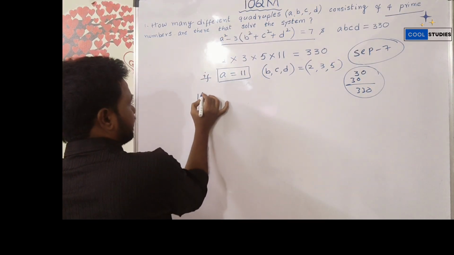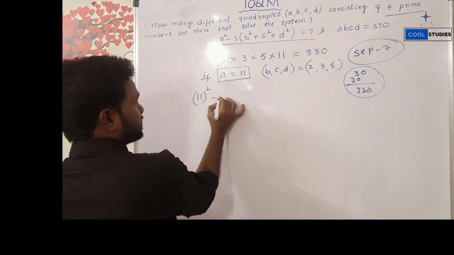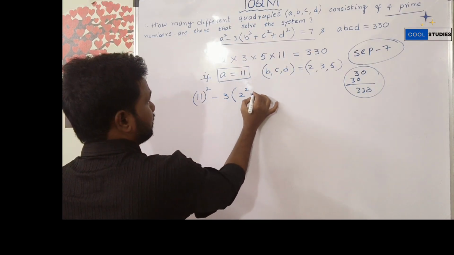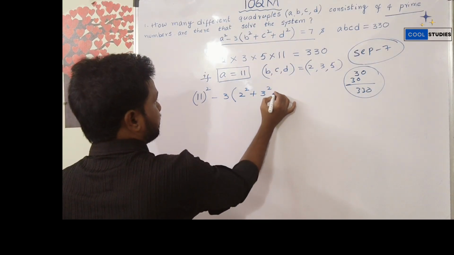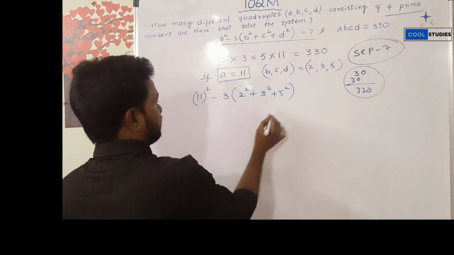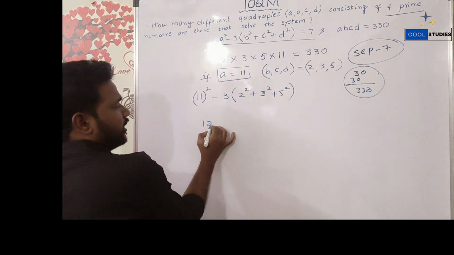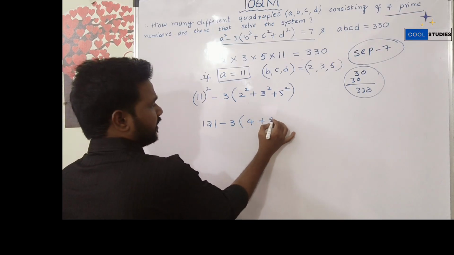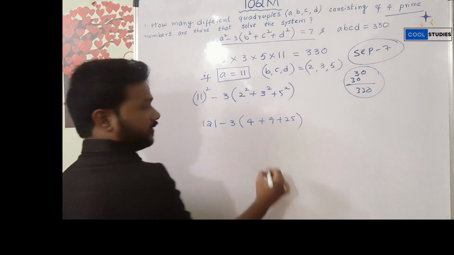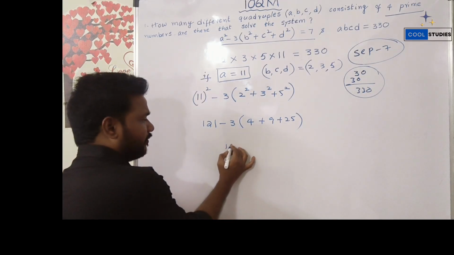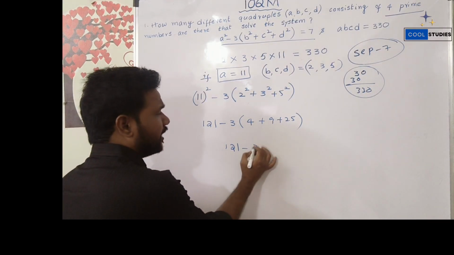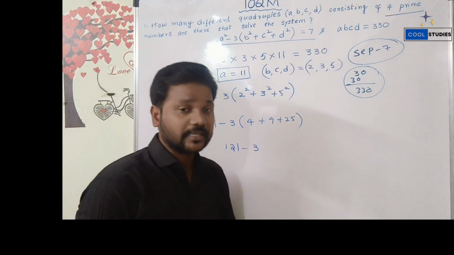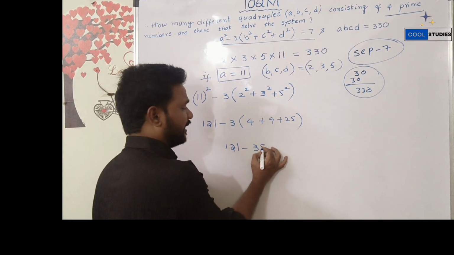So 11 square minus 3 of B square, 2 square, next 3 square, next 5 square. 11 square is 121, minus 3 of 2 square is 4, 3 square is 9, 5 square is 25. Let us check what we get. 121 minus 3 into 25 plus 9, that is 34, plus 4, 38.